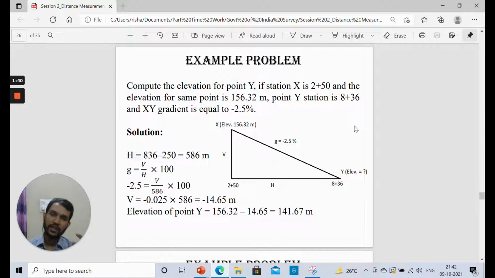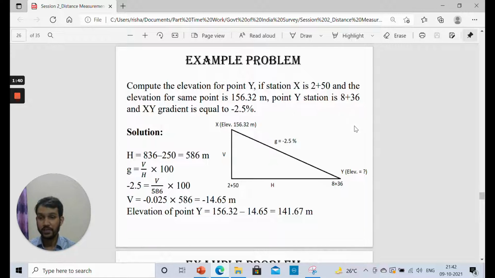So from this we can easily calculate the vertical difference in elevation between station X and Y. That will be minus 2.5 upon 100 into 586, which is equal to minus 0.025 into 586, equal to minus 14.65 meter. So the drop in elevation from station X to station Y will be equal to minus 14.65 meter.